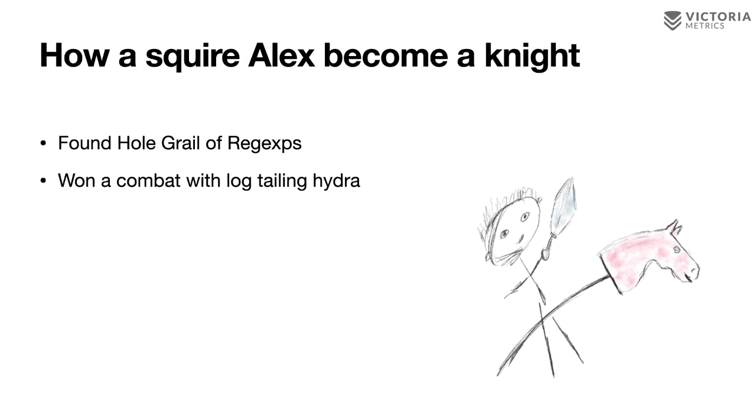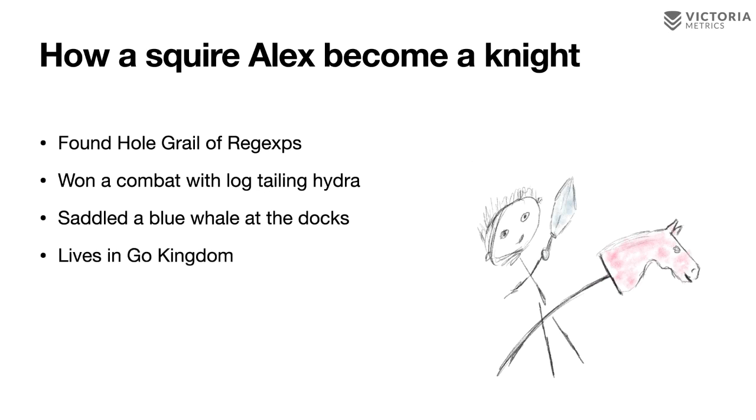It was actually one of my favorite stories, about how Sir Alex found a sense in tailing dev random. Then there was a story about how Sir Alex saddled a blue whale at the docks. It included a lot of containers and ancient Kubernetes cores. And he became a knight of the land of Go, because he lives in the Go Kingdom, and only one who lives in the Kingdom of Go can be a knight of Go.